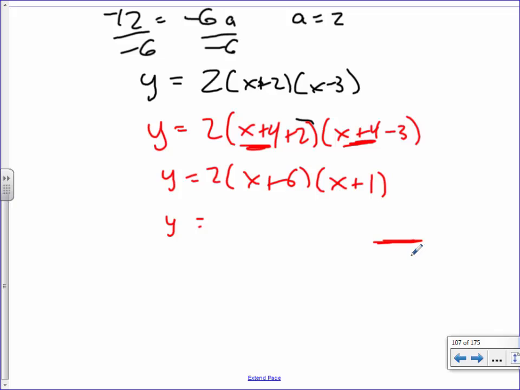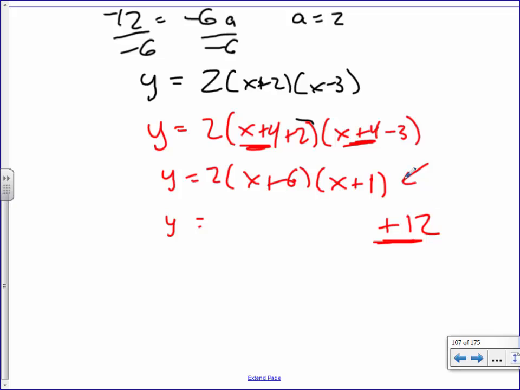I don't actually want to expand this whole thing. I just want to focus on the coefficients. At some point, this last number that's going to go at the end here is going to be 1 times 6 times 2. So that's 12. I don't actually have to go through the process of expanding it all, but I could have. The other possibility is type this in your graphing calculator and look for the y-intercept then.